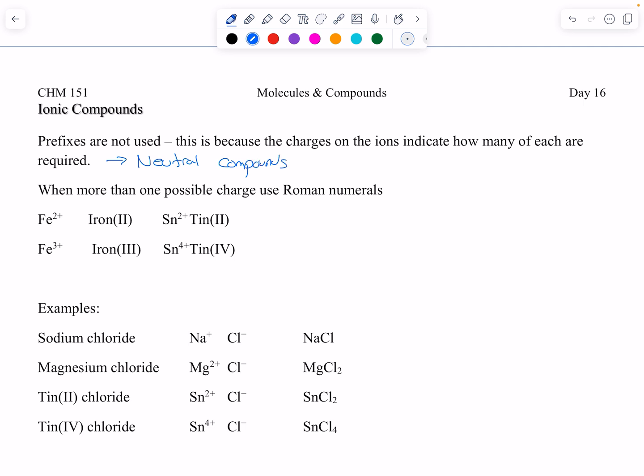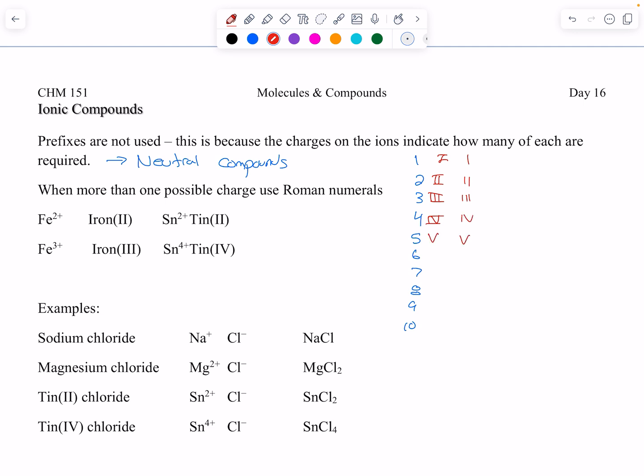They're neutral compounds. What are the Roman numerals? 1, 2, 3, 4, 5, 6, 7, 8, 9, 10. If you just do a vertical line for 1, that's fine. A lot of times we'll just do that. So you can do it either way here.